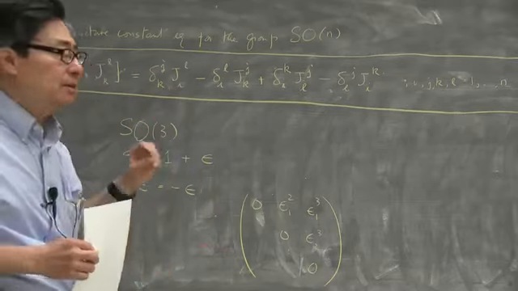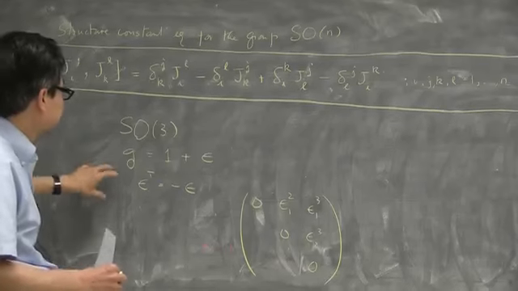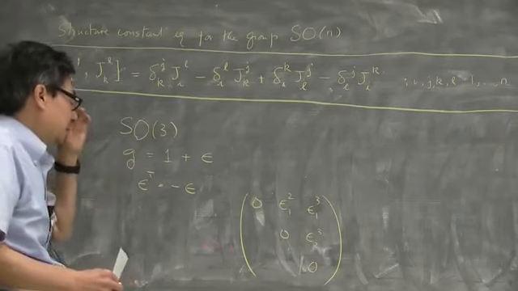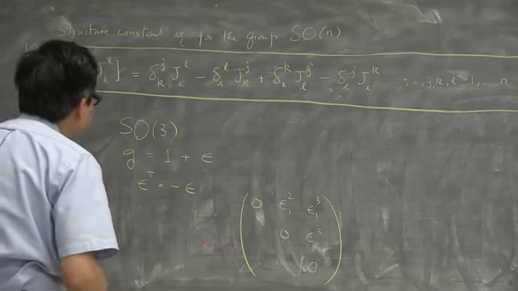Now, how is the matrix J different from an original 3 by 3 matrix?